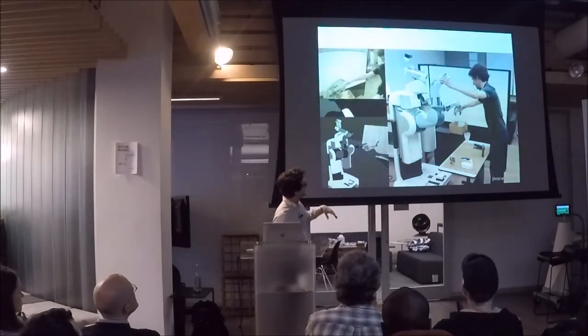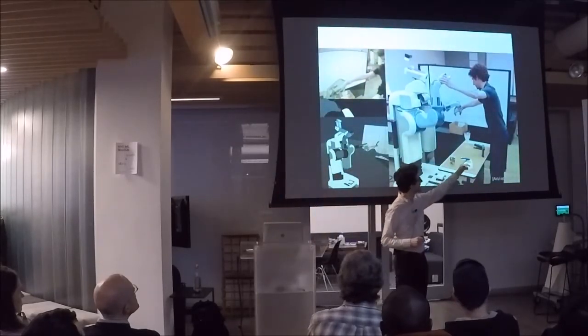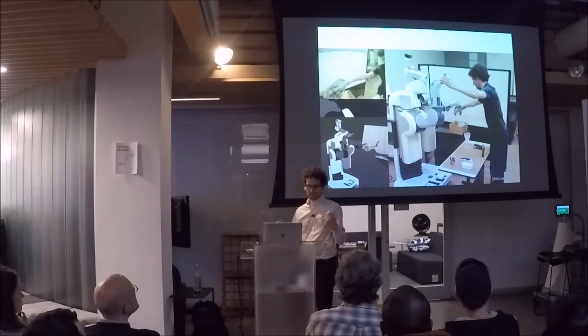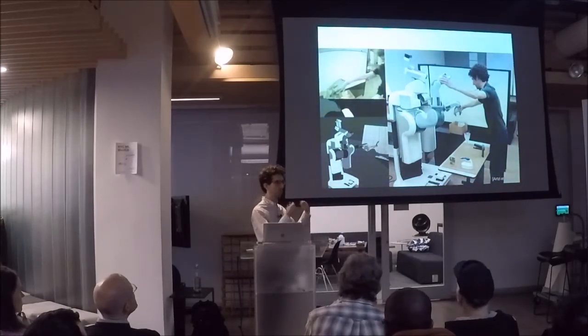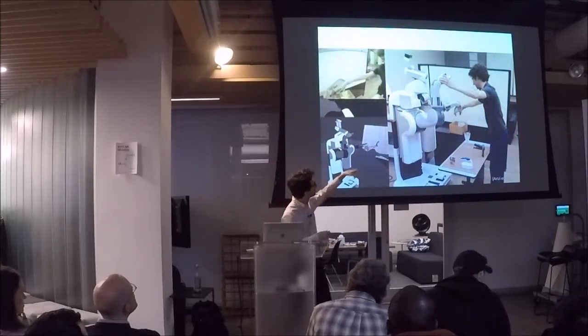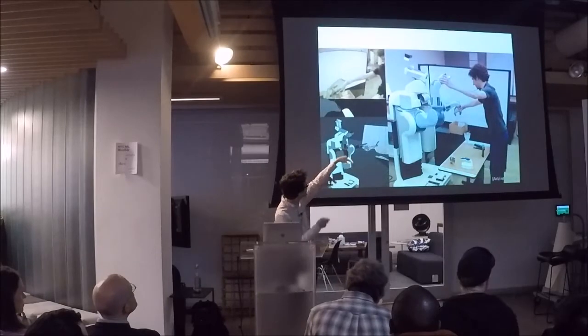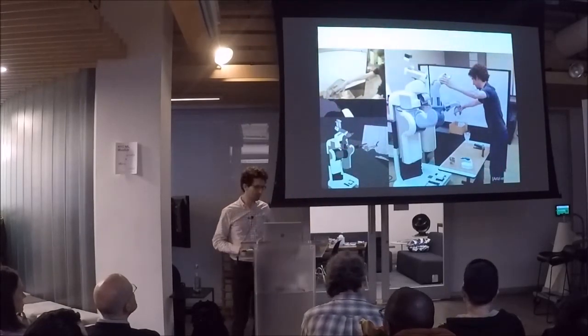So this is a very small example of our algorithm on a PR2 robot a few years ago. This is a programming by demonstration scenario where my younger self is manipulating the robot's arm and giving it speech commands, trying to teach it some new skills. What you see here at the top is the robot's point of view from this Kinect camera. And here is a representation of what the robot is learning.